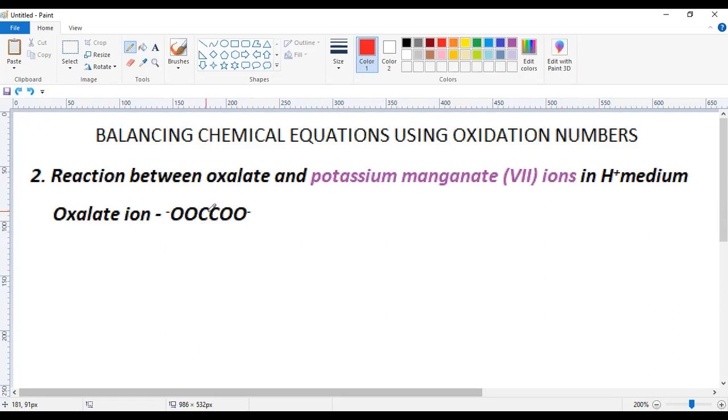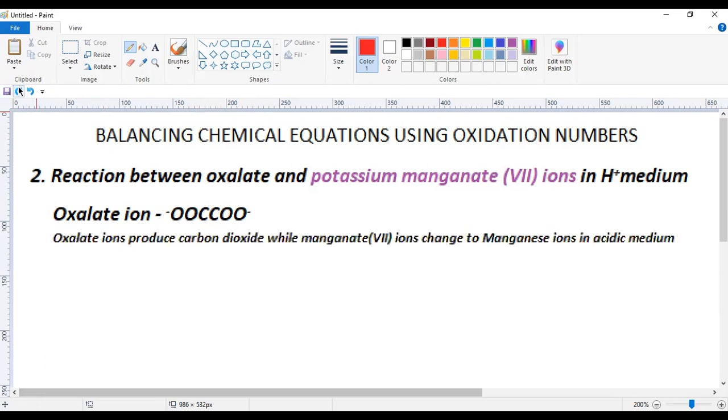You have 2 carbon atoms in the middle with 1 carboxylate ion on the right-hand side and another carboxylate ion on the left-hand side. They are connected together. Oxalate ions can produce carbon dioxide, while manganate 7 ions change to manganese ions in acidic medium. This reaction happens in acidic medium, similar to the first reaction.